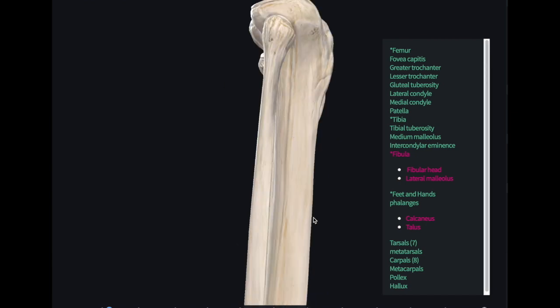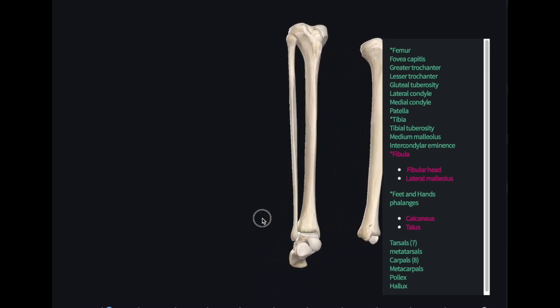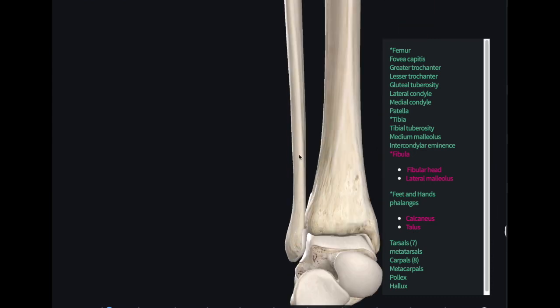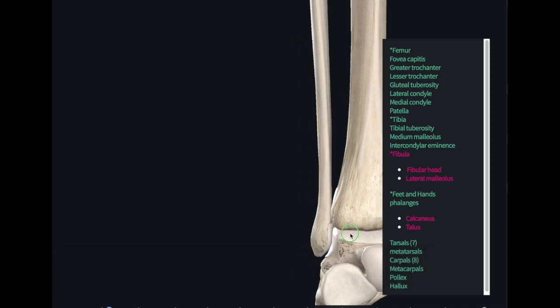Another structure that is important to know is the lower part here. This is the most distal point of our fibula, and this is called the lateral malleolus. So this forms the outside ankle bone, the lateral malleolus.